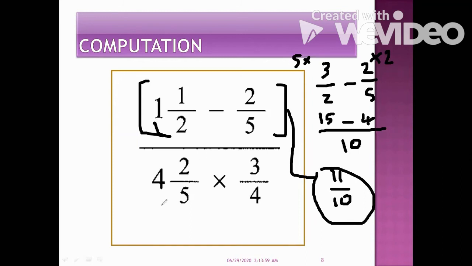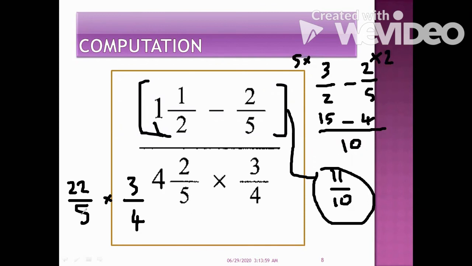So we will work out the bottom piece now. Over here, we're going to transform this mixed fraction to an improper fraction. So we say 4 5s are 20, 20 plus 2 is 22. So we end up with 22 over 5 multiplied by 3 over 4. Let me write it properly. Now when we're multiplying fractions, we do not find the LCM.